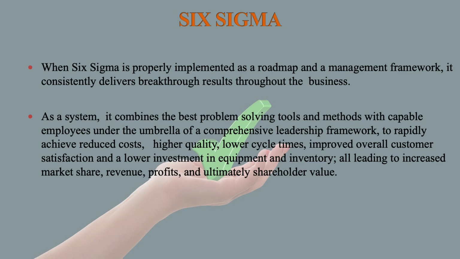As a system, it combines the best problem-solving tools and methods with capable employees under the umbrella of a comprehensive leadership framework to rapidly achieve reduced cost, higher quality, lower cycle time, improved overall customer satisfaction, and a lower investment in equipment and inventory, all leading to increased market share, revenue, profits, and ultimately shareholder value.